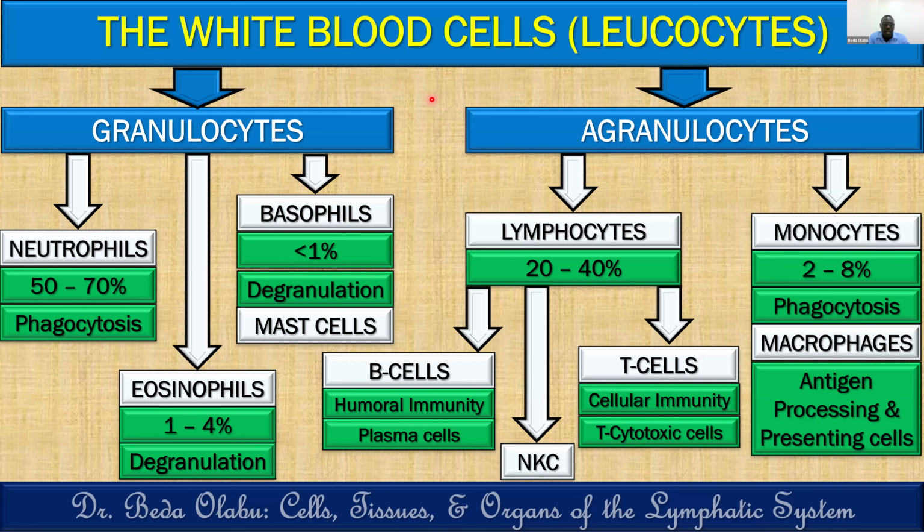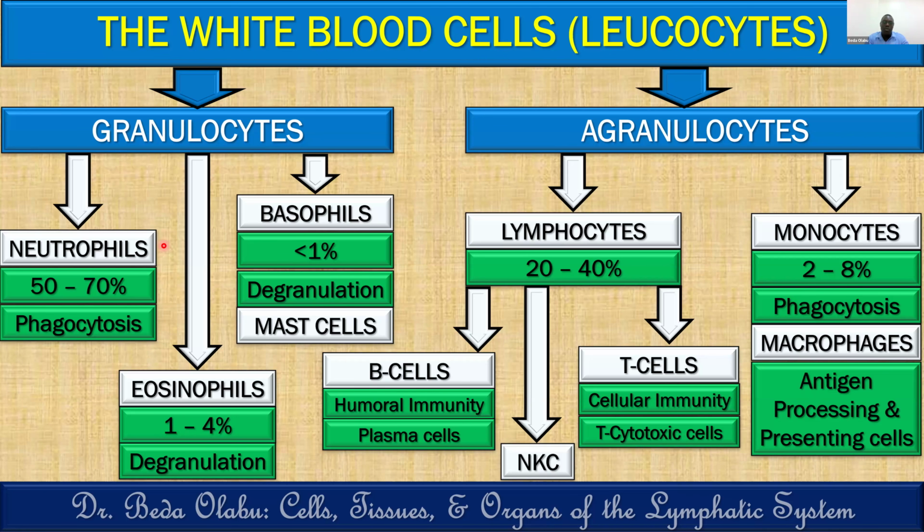Because we know that bacterial infections will be mainly extracellular infections, and therefore we would expect neutrophils to be the key players in that particular field. Unless it's a long-term infection, these chronic long-term infections where they tend to be intracellular, like mycobacteria, may not give you neutrophilia, but may give you what we call lymphocytosis.